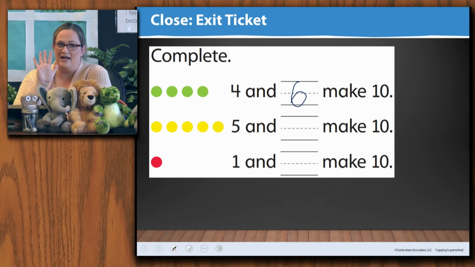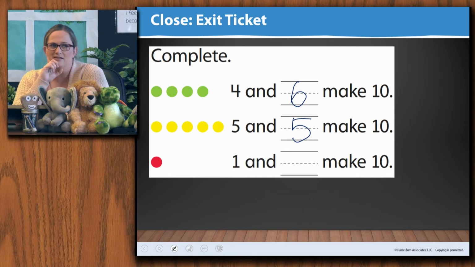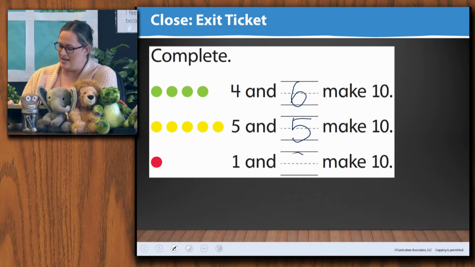What about 5? 5 and 5 make 10. And the last one. 1 and 9 make 10. Very good, friends.